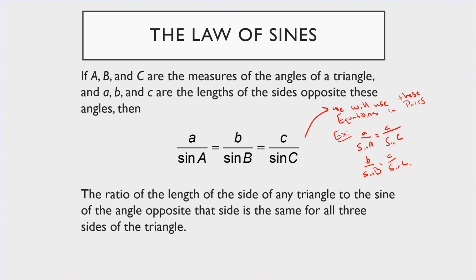Basically, the ratio of the length of the side of any triangle to the sine of the angle opposite the side is the same for all three sides of the triangle. Always, always, always.